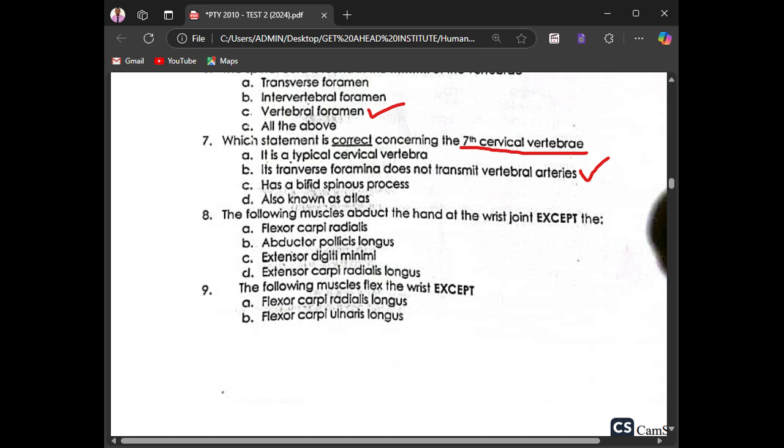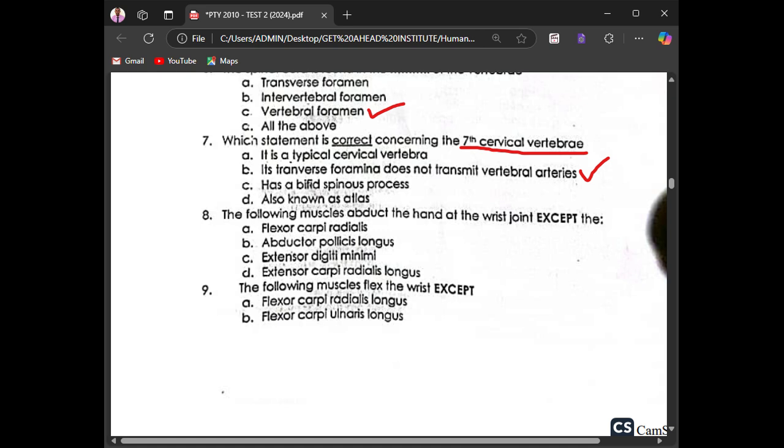And C1 is the one that is known as atlas. It is the one that forms the atlanto-occipital joint, and it lacks the body. Because the body of C1 actually fuses onto the body of C2 during development.